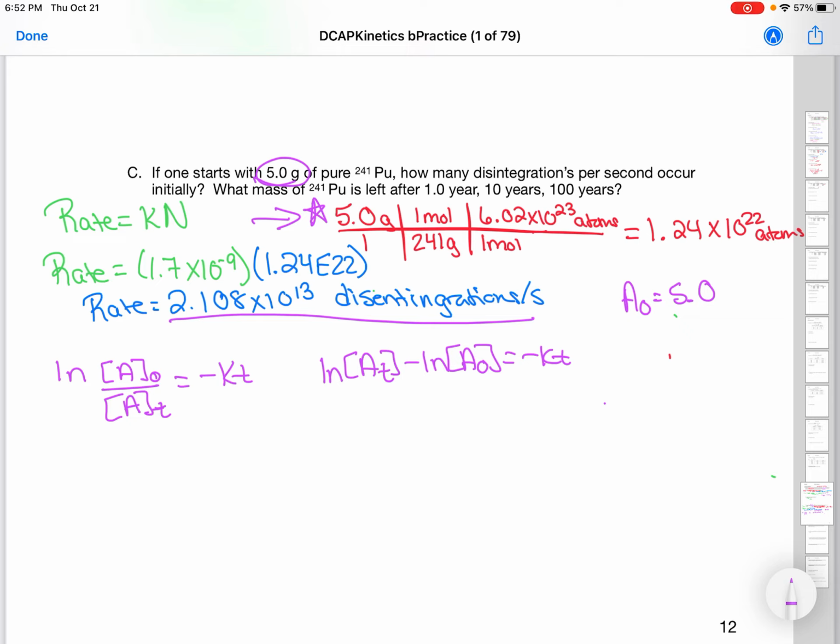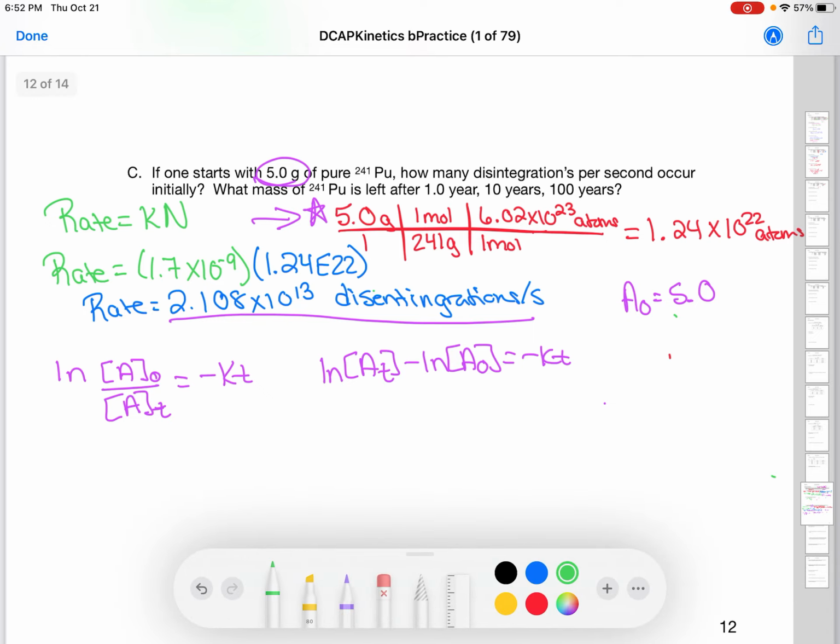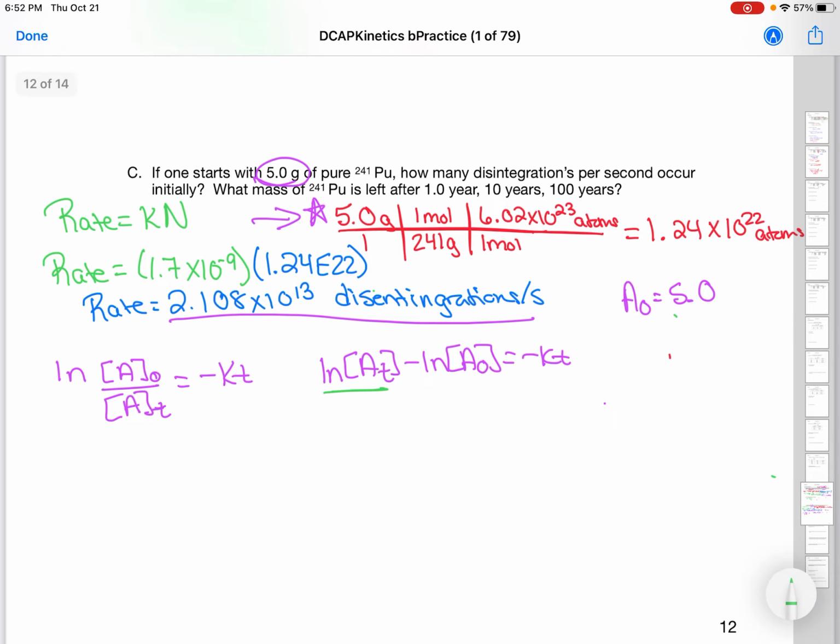So when I expand my equation out, I get natural log A T minus natural log A naught equals negative K T. Now I'm solving for this. So I'm going to have natural log A T equals negative K T plus natural log A naught.